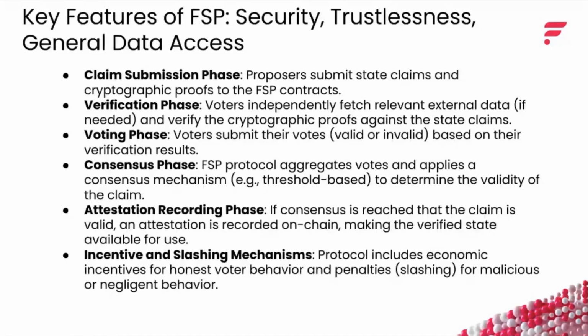This attestation makes the verified external state available for use by smart contracts in a trustless manner. It's also important to note that the FSP protocol incorporates sophisticated incentive and slashing mechanisms, which ensure the ongoing honesty and reliability of the voters. So that's where you get the economic security from these protocols.